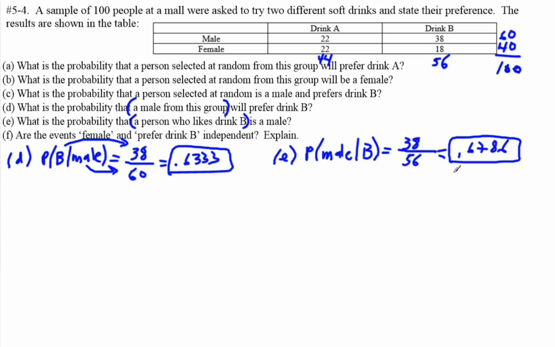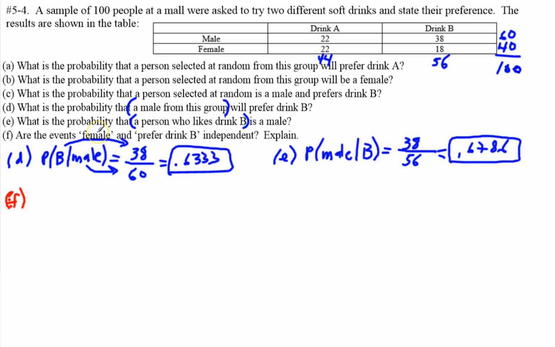Okay, and then the last thing said, are the events female and preferring drink B independent? I'm going to change colors here for the pen. So there's actually three ways. There's a number of ways to test this. The best way to test for independence, I think, is to pick one of the two cases here.